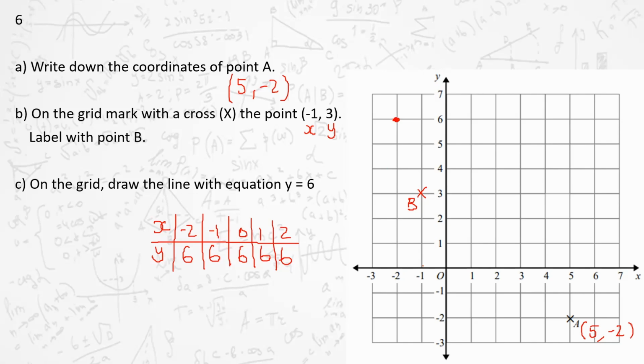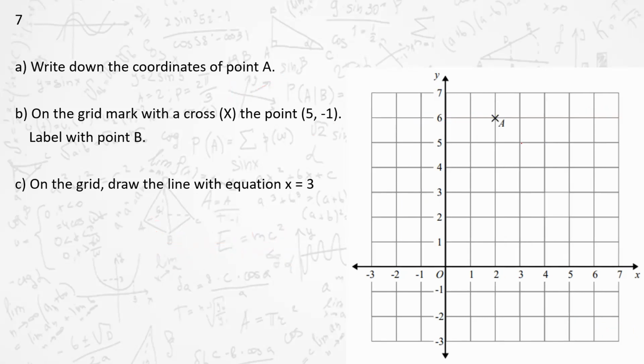X is minus 1, y is 6. X is 0, y is 6. X is 1, y is 6. X is 2, y is 6. So you can see your line on the top. This will be the line for y equals 6.